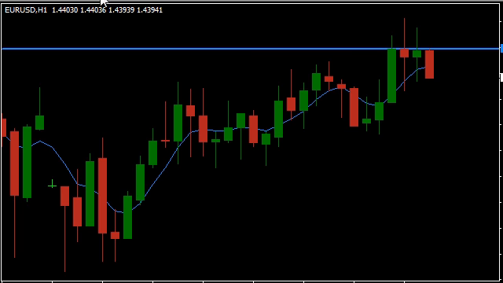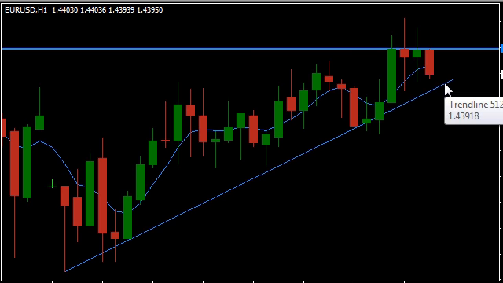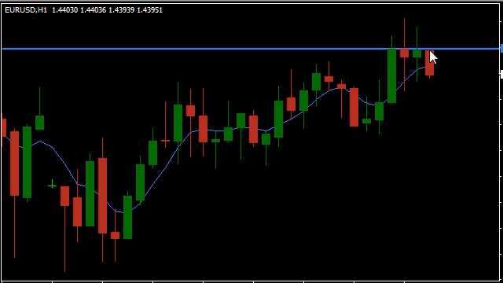But we've got another kind of trend line. I look at the horizontal ones more, but we can look at the trend lines as well if we want. We could draw a trend line through there, and if price broke through down the side of there, we could consider that as a possible break or a bounce off resistance.